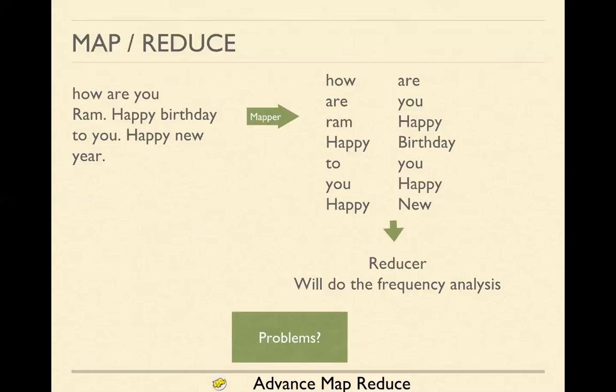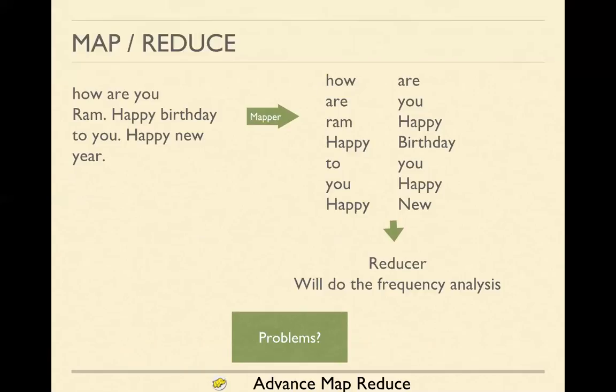Yes. So answering Jamil's question, the reducer will get how, and then there are no other words. So a reducer will get how, comma, only are. Then the next key would be are and only you. And same is the case with Ram and Happy.